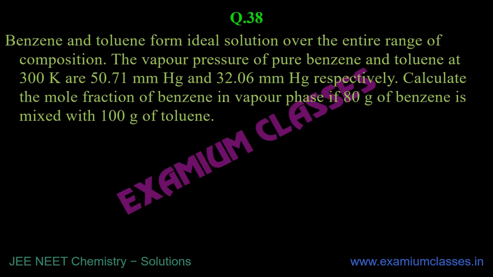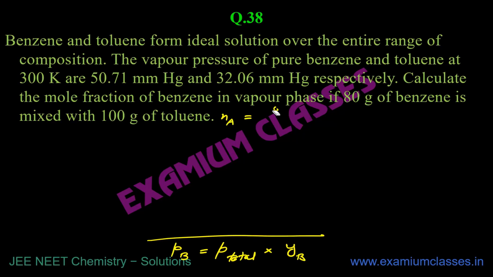So I'm repeating everything. Basically, you have to use the formula that PB will be equal to P total into YB. From here, you have to get YB. But for that, you need PB and P total. For PB and P total, you need the mole fraction also. So you will first calculate the number of moles of A, toluene, which will be given mass divided by molar mass.